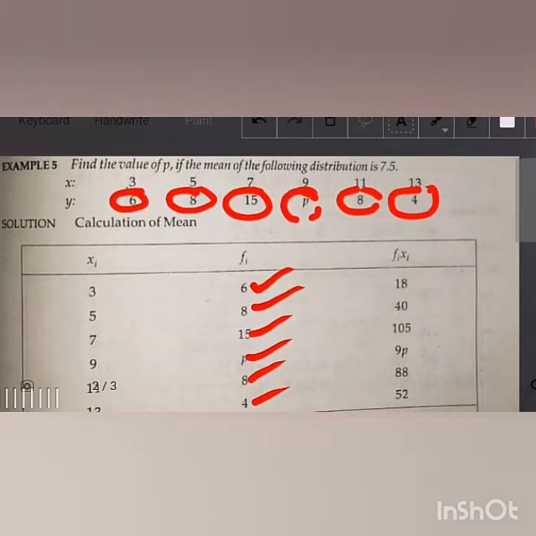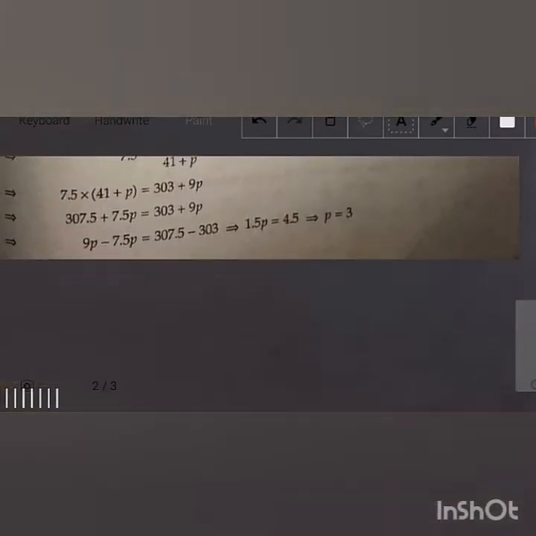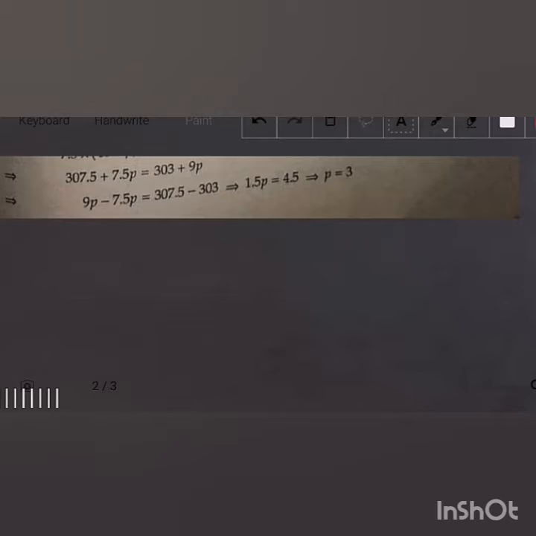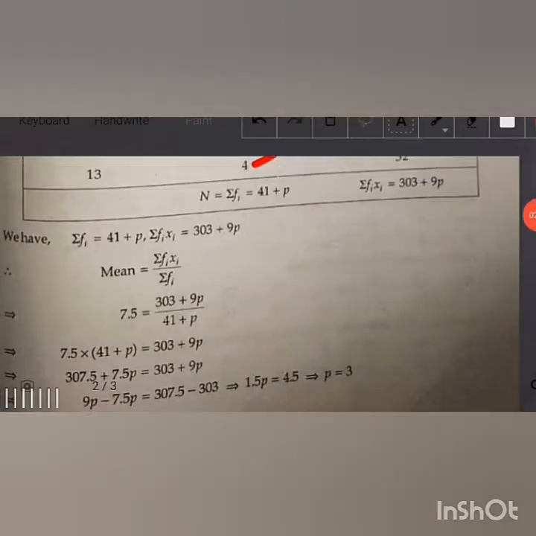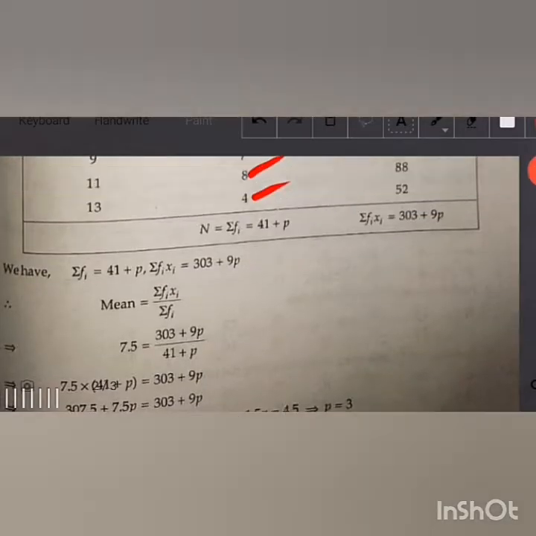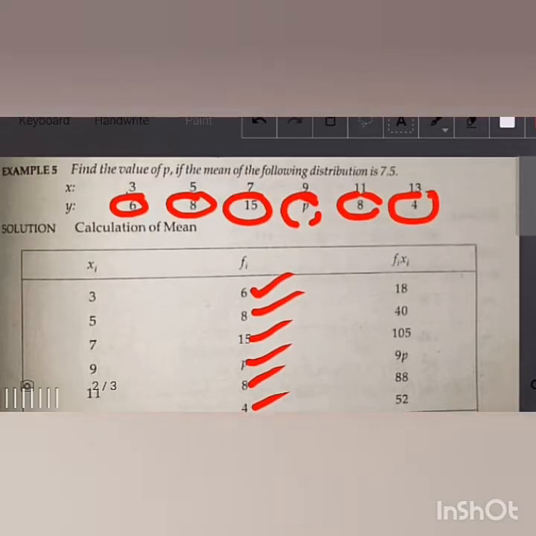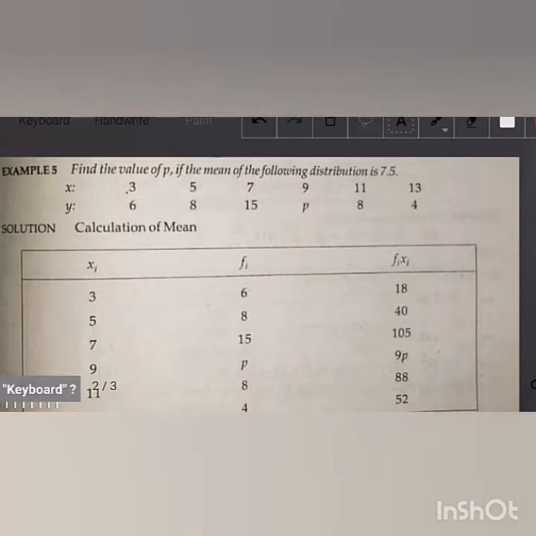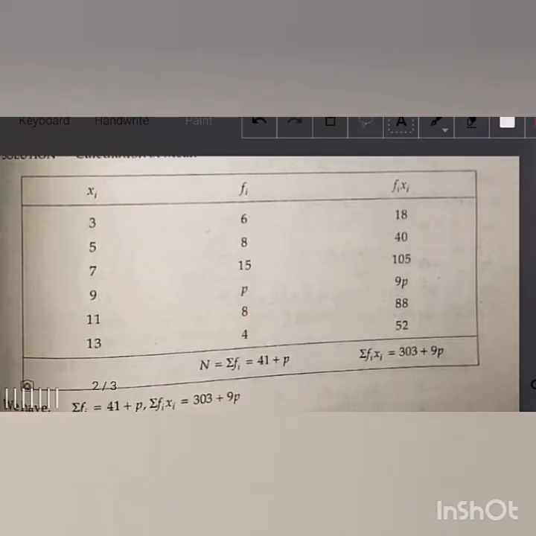Now according to the formula of mean, x bar equals sigma fi xi divided by sigma fi. Fi means frequency, xi means mid values. To find the mean, first we have to take the product of frequency and mid values.